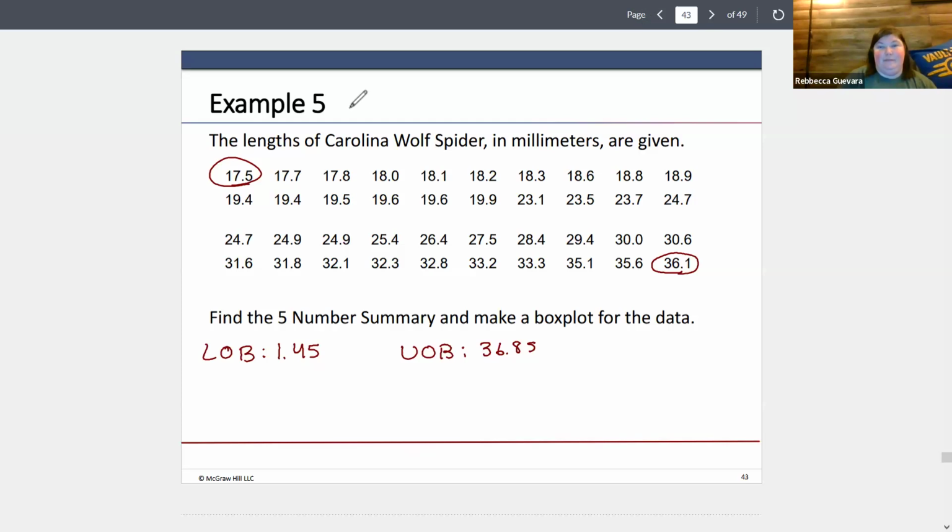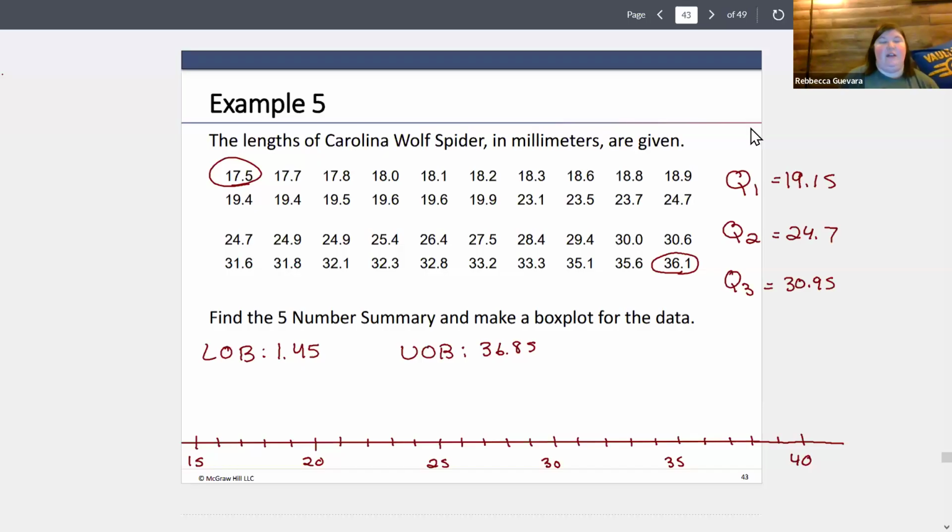Okay. So my smallest data point before I hit my lower outlier boundary is going to be 17.5. So I'm going to start this data 15, 16, 17. 17.5 should be here. So that's one end of my data. The other end is going to be at 36.1 because that is my largest value before I hit that upper outlier boundary of 36.85.